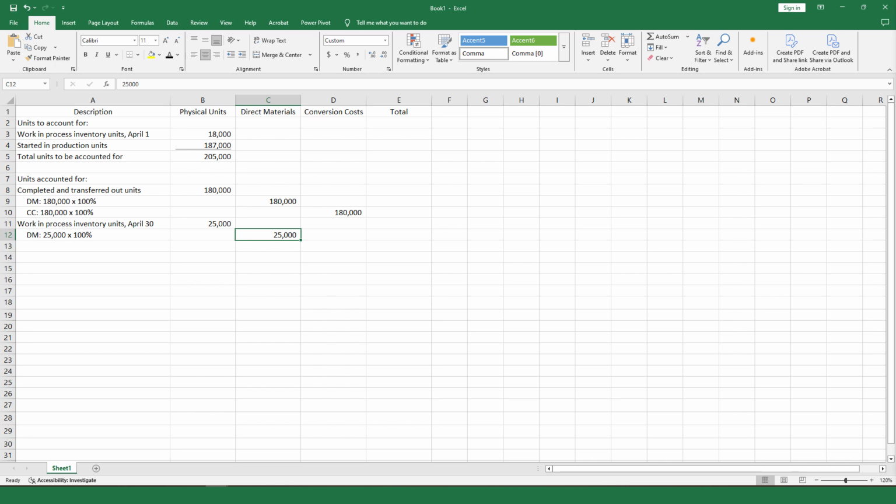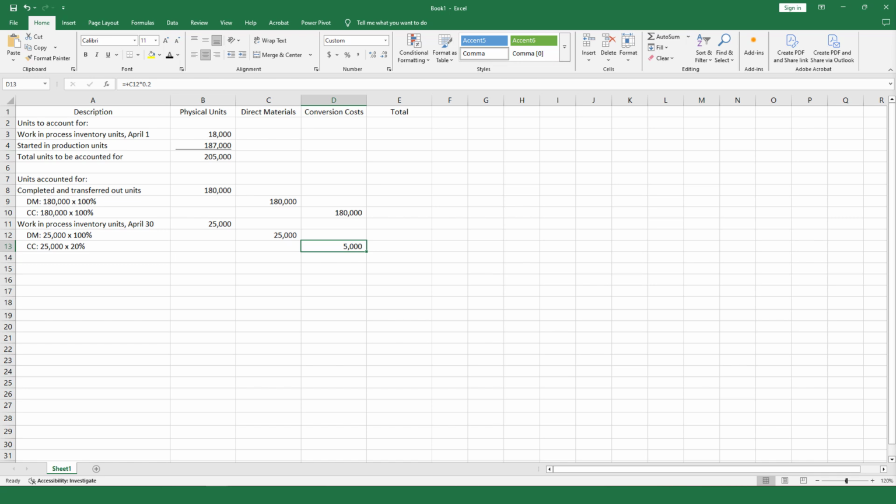We place 25,000 under the direct materials column, column C. For the conversion costs, we know from the information in the question that they are only 20% complete. Therefore, we calculate the equivalent units as 25,000 physical units multiplied by 20%, which is equal to 5,000 units. That means that 25,000 incomplete units are equivalent to the value of 5,000 completed units for conversion costs.